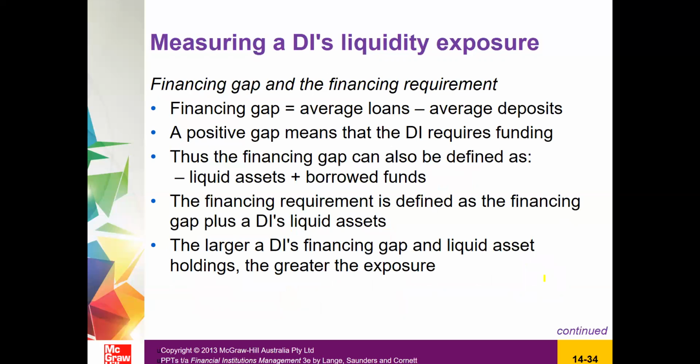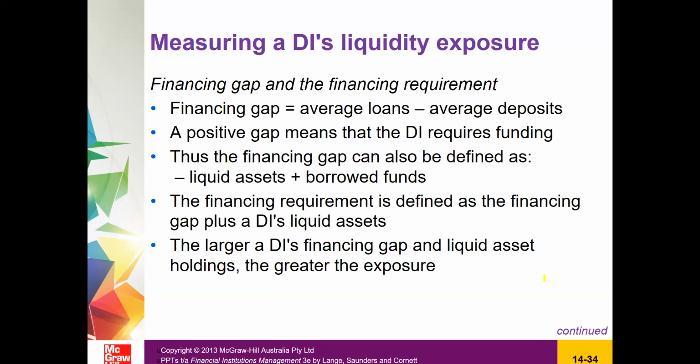On average, most demand deposits stay at depository institutions for quite a long period, often 2 years or more. Thus, a depository institution's manager often thinks of the average deposit base, including demand deposits, as a core source of funds that over time can fund a depository institution's average amount of loans.